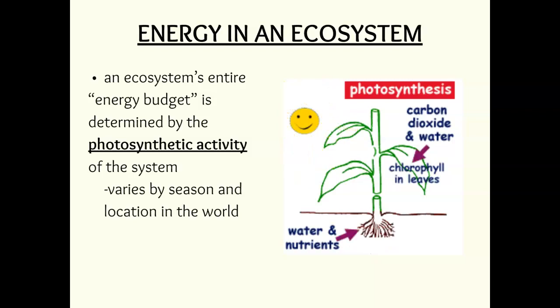They're going to have 12-hour days, 12-hour nights, and therefore it's incredibly stable. This type of ecosystem would have the largest energy budget because they're going to be able to have the most photosynthesis happening there. But again, it's going to vary within the different biomes.